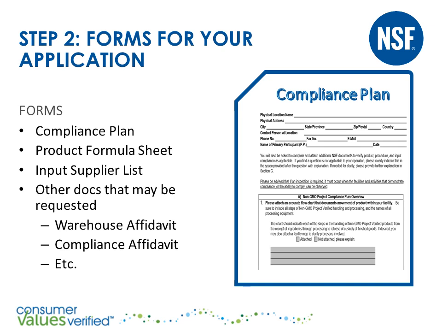Other documents that may be requested include a warehouse affidavit if you have a contracted storage facility that is storing inputs or ingredients to be used in a Non-GMO Project product.